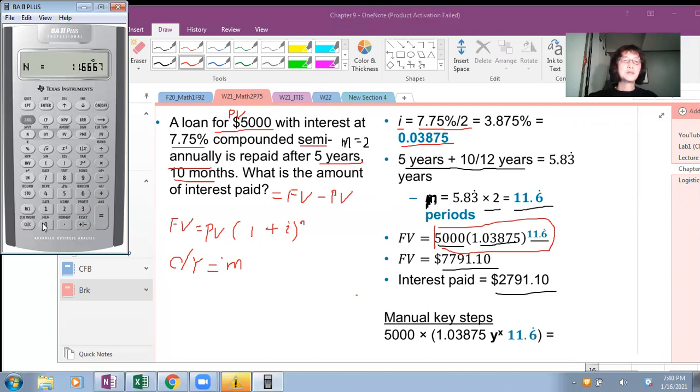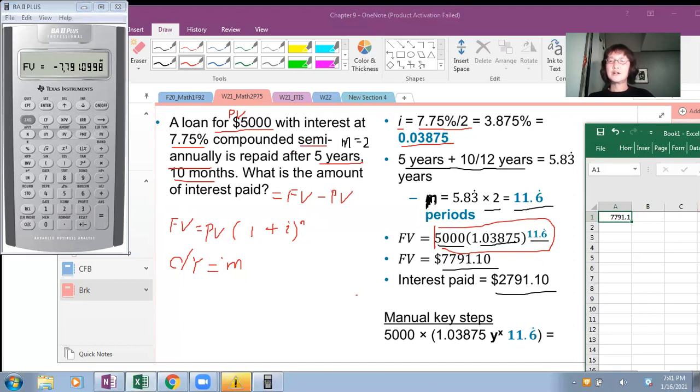Next number, 0 for PMT, because you don't make regular payments. You just put this money in the bank for 5 years and 10 months. PMT is 0. Final step, compute FV. See, this number agrees with this number. You can ignore the negative sign. It just indicates the direction of the money, like a loan, not the money you have. So this is the calculator method.